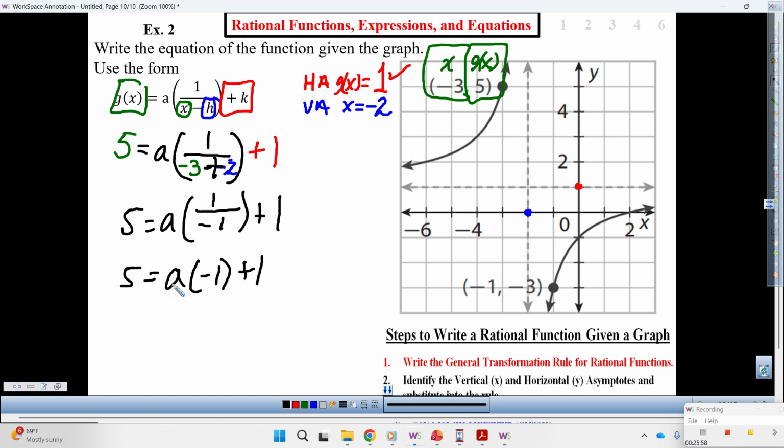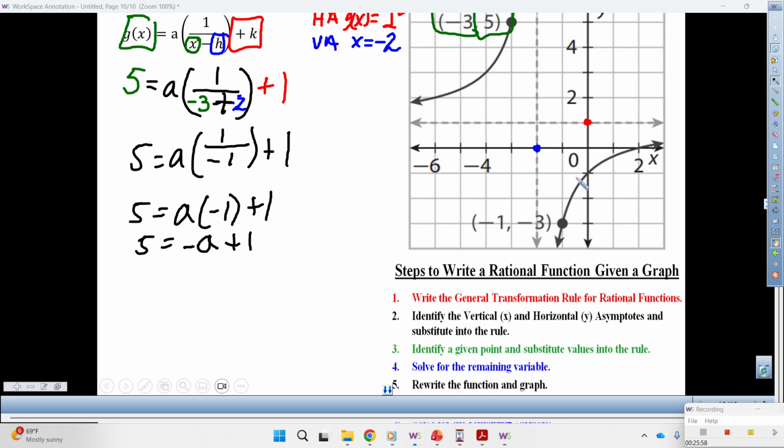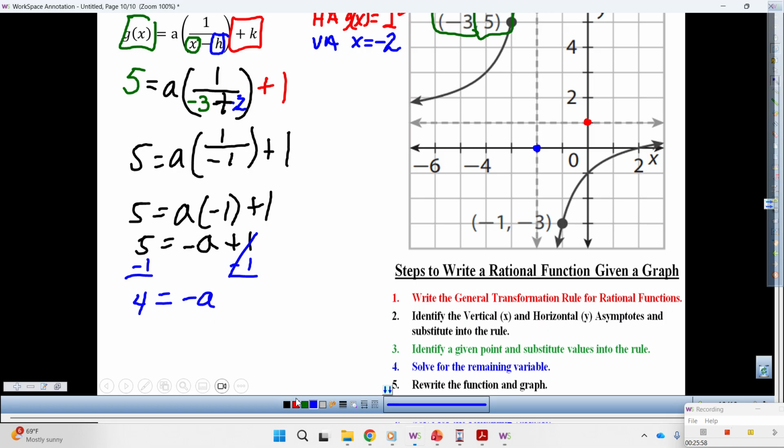What is A times -1? Negative 1A plus 1 equals 5. Let's solve for A. Minus 1. So we got 4 equals negative A. Lastly, divide by negative 1. Therefore, negative 4 equals A.